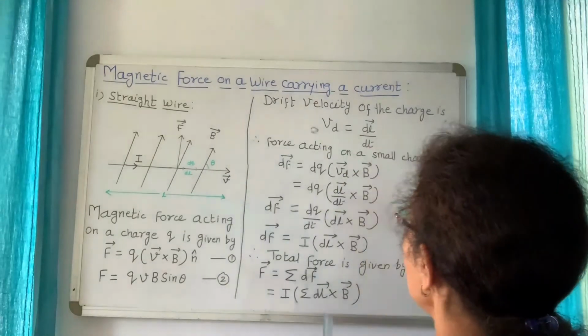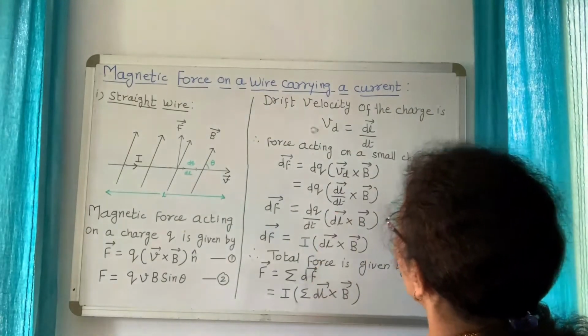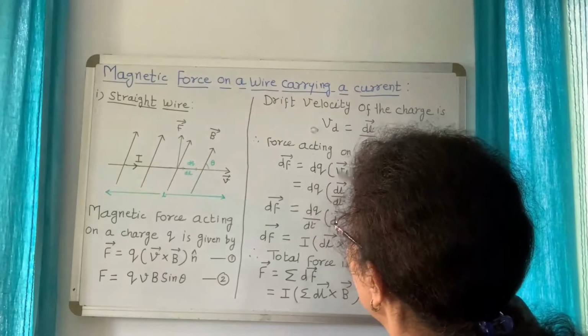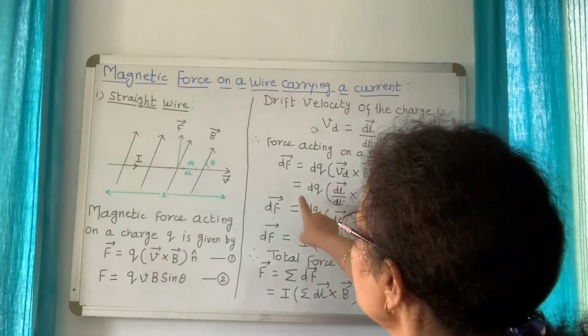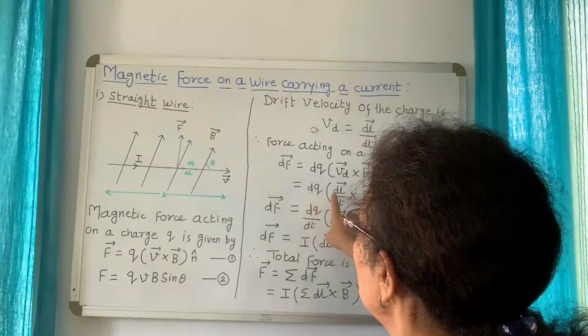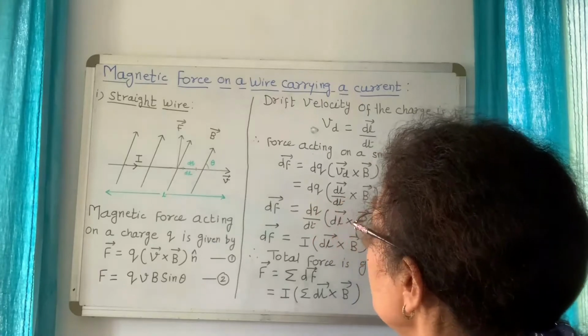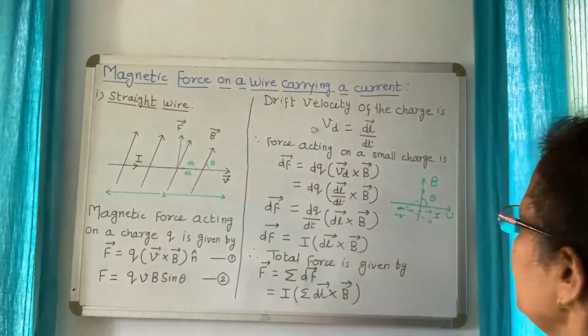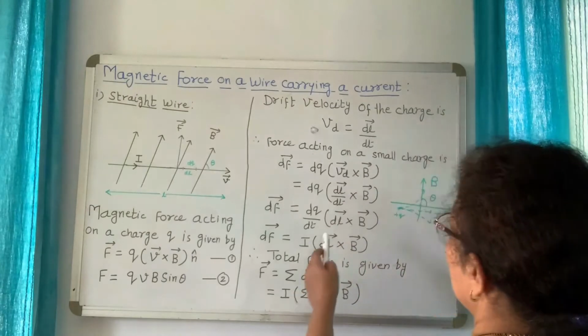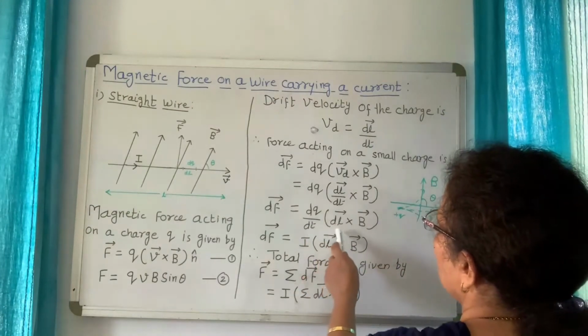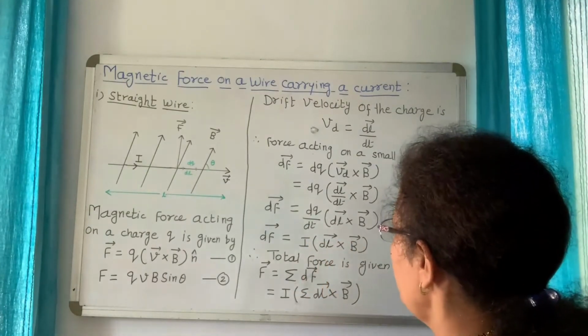Right. Now this vd we can substitute, which is equal to dl by dt. So this equation becomes dq into dl by dt cross b. Again by simplifying the terms, dq upon dt in bracket dl cross b.